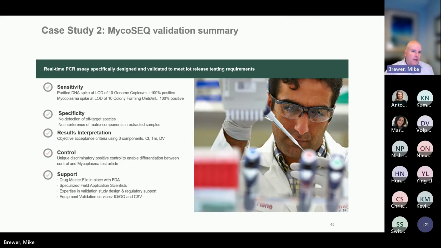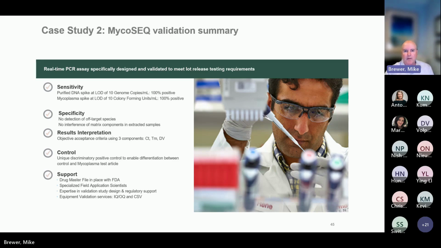So in summary, the assay is sensitive. It's specific for Mycoplasma. The results interpretation uses 3 parameters, the control, and then the support we offer. And also, our early adopters did execute comparability to the 28-day test, and comparability testing of identical samples spiked with 10 CFU of Mycoplasma DNA.